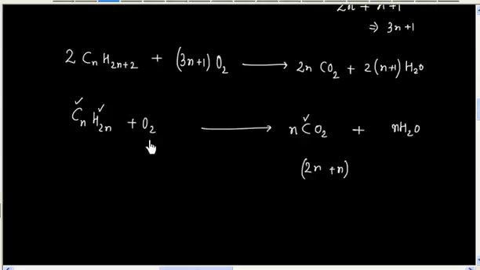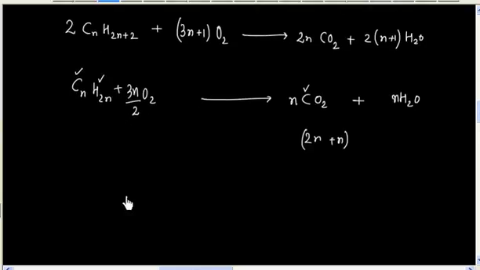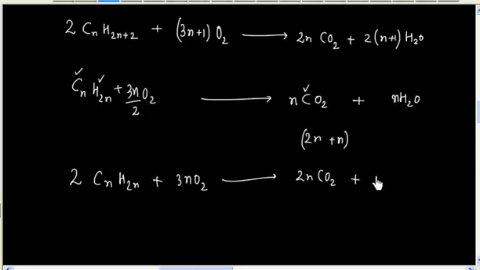So we have to multiply oxygen by 3n by 2. So we can write 3n by 2. Throughout we can multiply by 2. So we will have 2CnH2n plus 3n O2, and this will give you 2n CO2 plus 2n H2O.